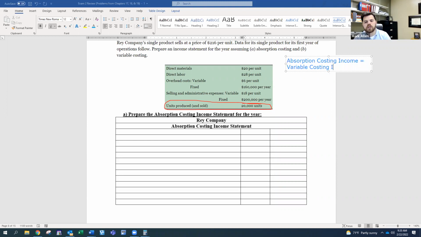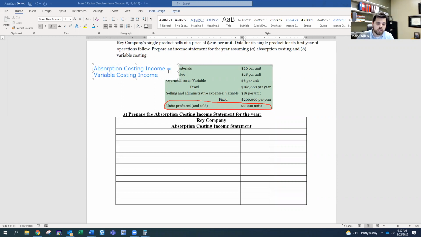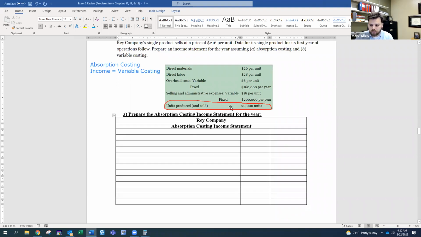And that is a huge relief if I'm looking at this on the exam, because what that tells me is I can check my work. Because if I get to the end and I go, wait a minute, something's not right here because I get different levels of income, then I know I've made a mistake. So this is really helpful because it means that I can easily check my work.